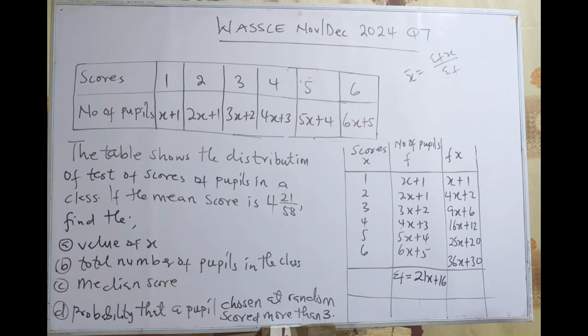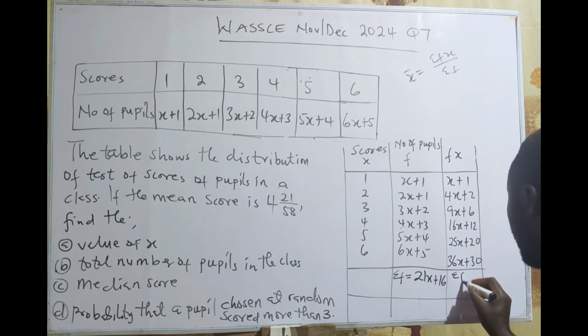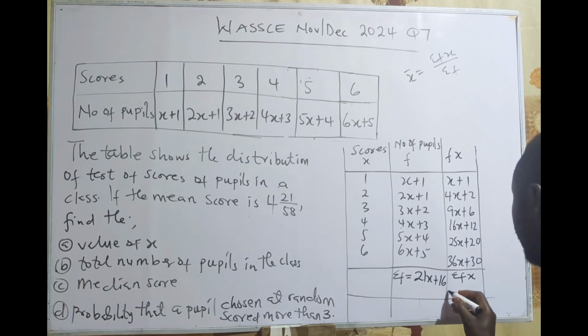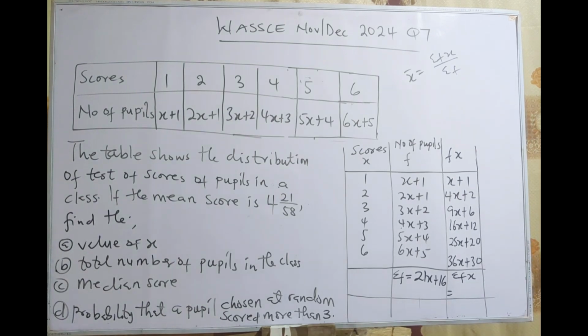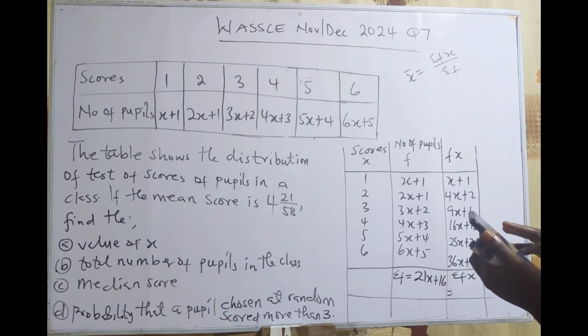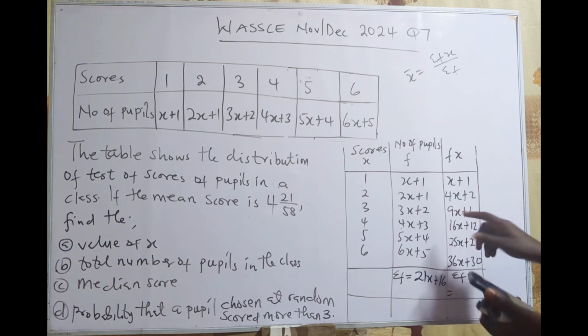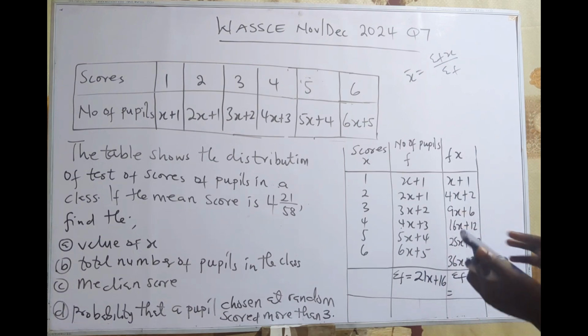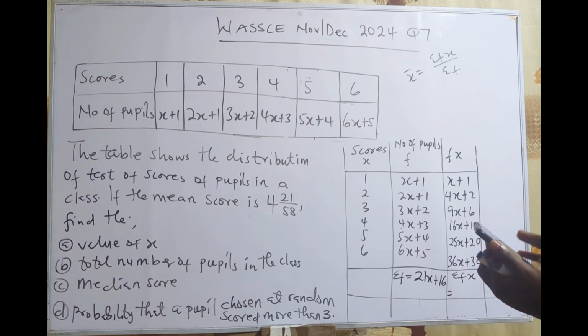We are also going to add all of these and get our sigma fx. So let's add everything and see. We have s plus 4s plus 9s plus 16s plus 25s plus 36s.